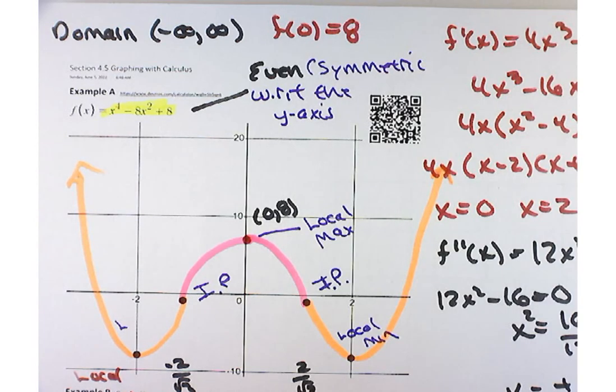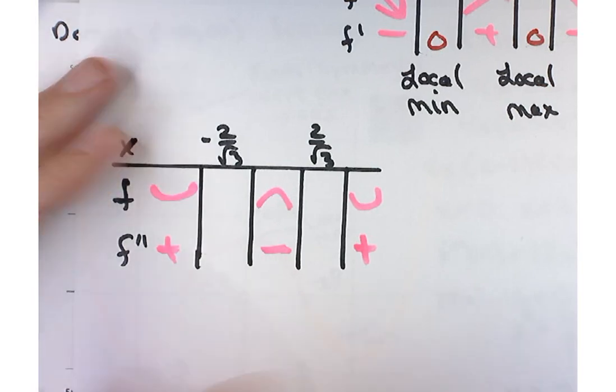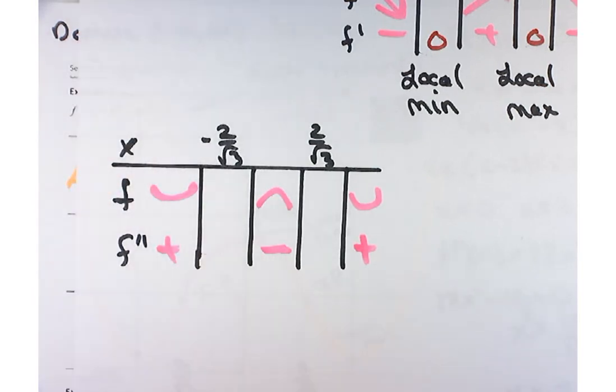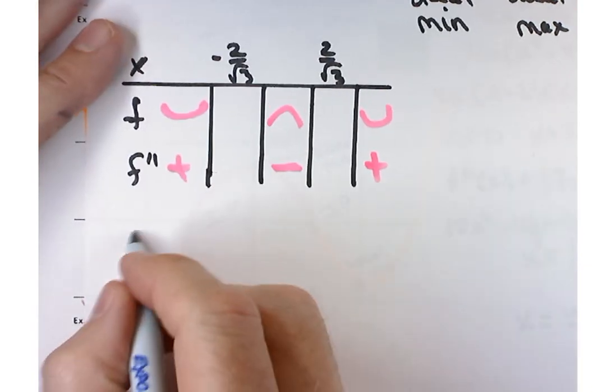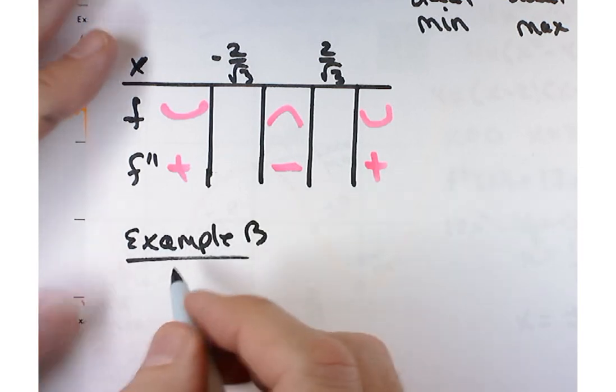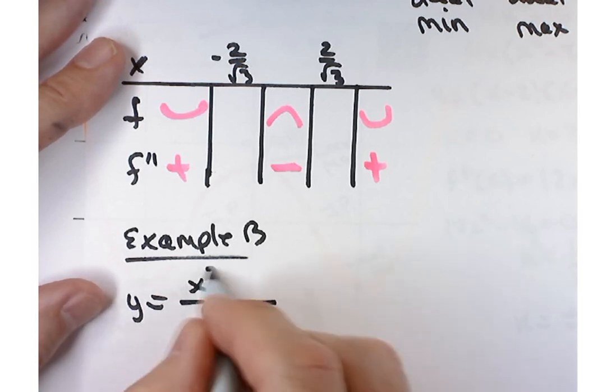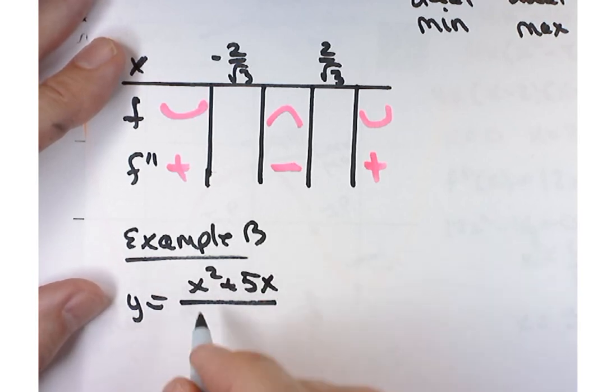Okay, let's take a look at example B. So we've got y equals x squared plus 5x over 25 minus x squared.